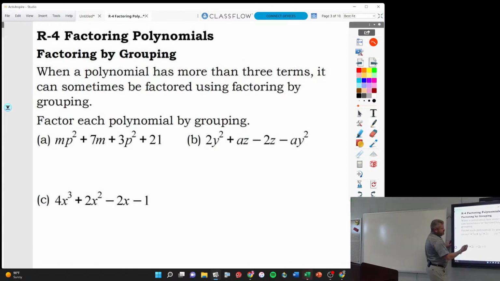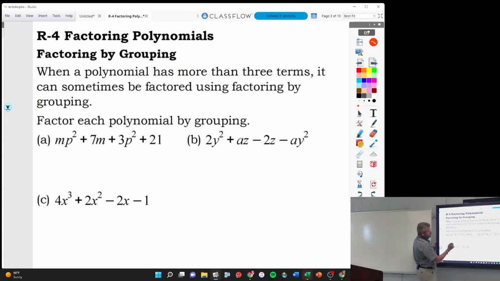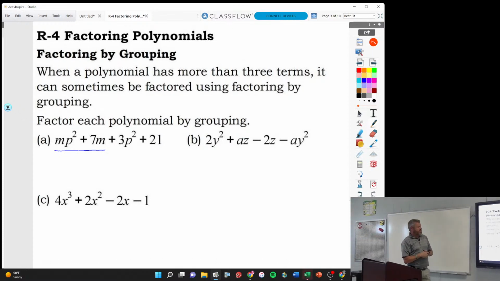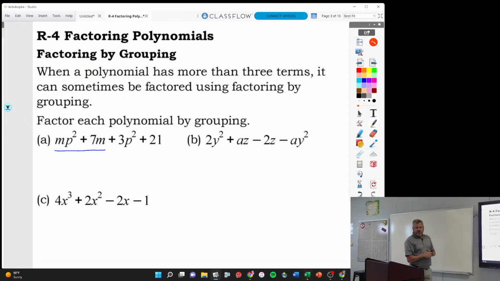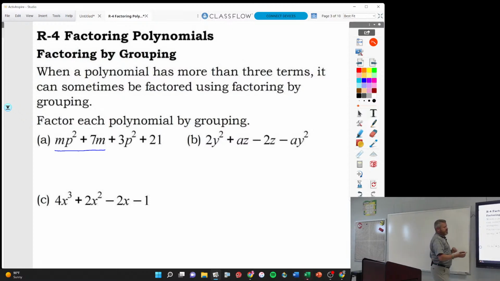Okay, so the first polynomial, looking at it just as it sits, if I group that first pair, I have mp squared plus 7m. I notice that both of those terms have something in common. What is the greatest common factor of mp squared plus 7m?